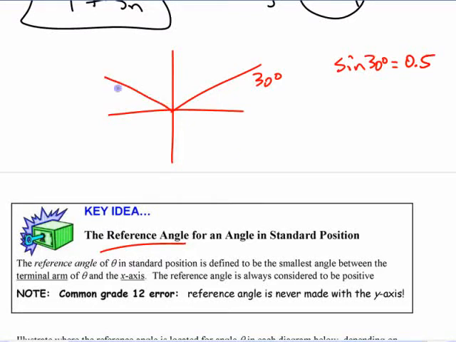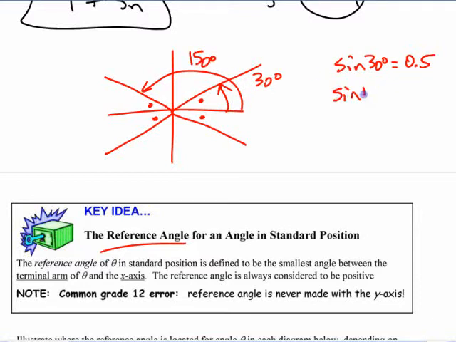But there are some other angles that are all related to that angle in the other quadrants. If you draw them so that all these angles are the same. So that's 30 degrees, but what would that be if the dots are the same there? 150, right? On your calculator, sine of 150 is the same thing.